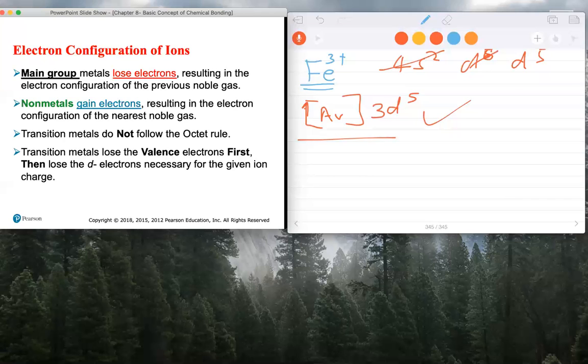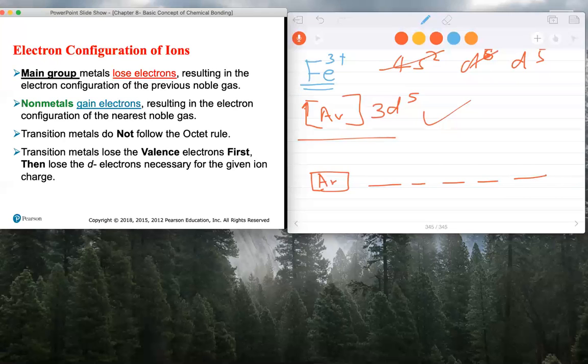Any question on writing electron configuration? You should be able to write the electron configuration of ions using the three methods. For example, here I can also write argon. You may see this in the exam, and then 1, 2, 3, 4, 5.